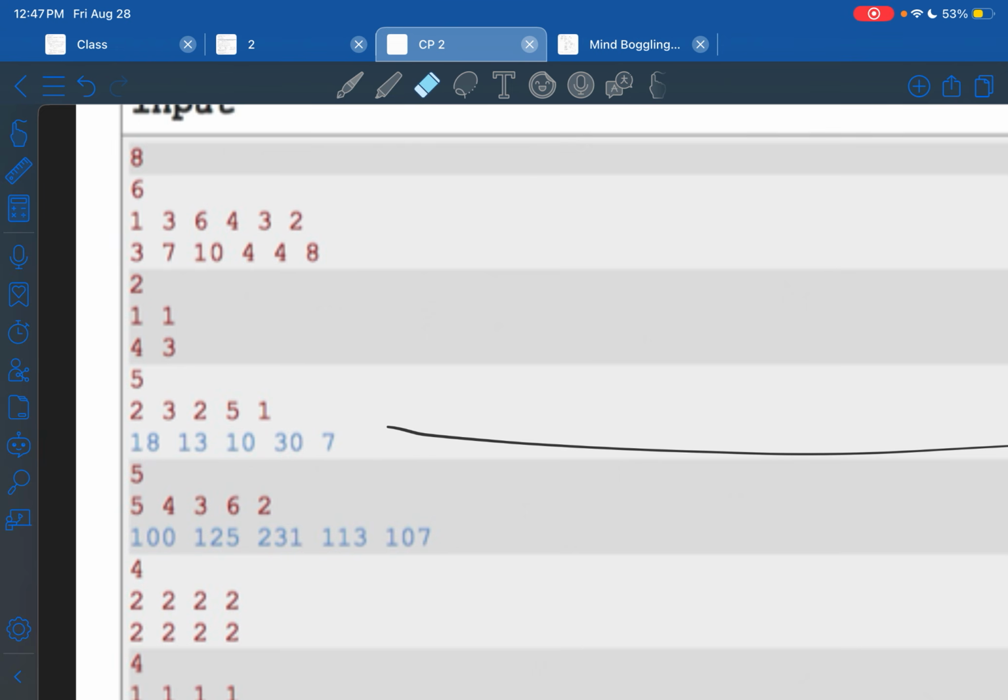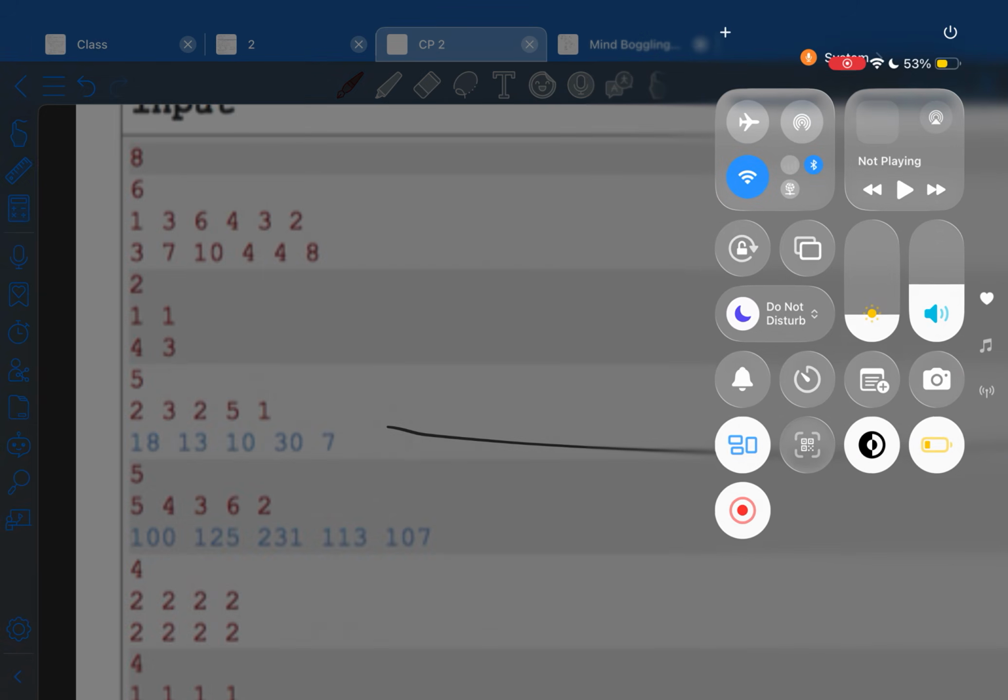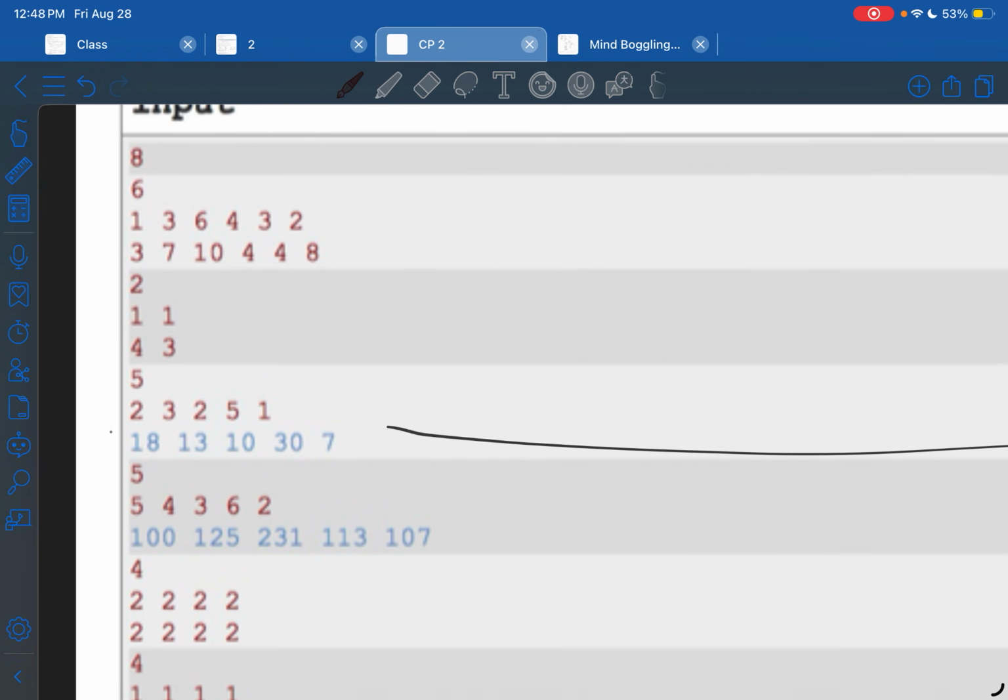So this one will be 3 operations. This will be 2 operations. This will be again 2 operations.